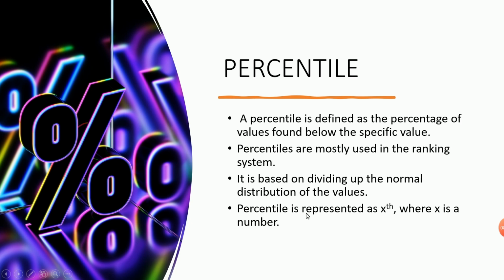Percentile is represented as the xth term, where x is the number, as I said, third percentile, fourth percentile. Next, it will be calculated. If I have to give an example, when calculating a budget there will be a split up.